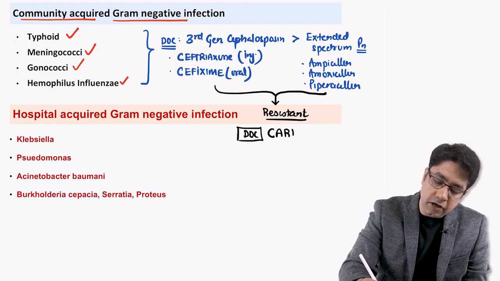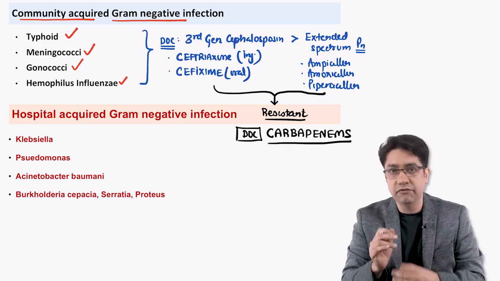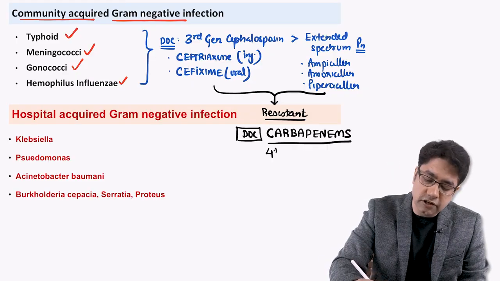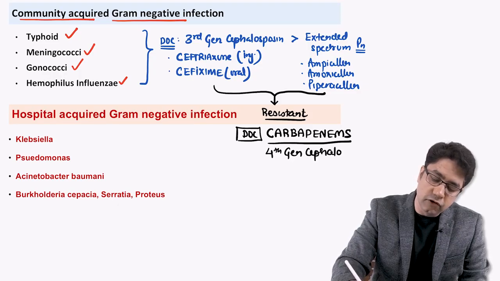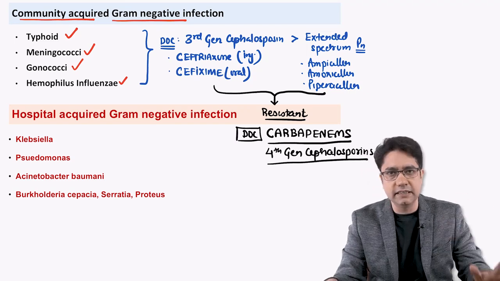Because carbapenems are not degraded inside the bacteria by enzymes, which we have discussed in the previous section. Yes, sir, you can give fourth generation cephalosporin as well, because fourth generation cephalosporins are not degraded by enzymes, but the drug of choice is carbapenem in resistant cases.